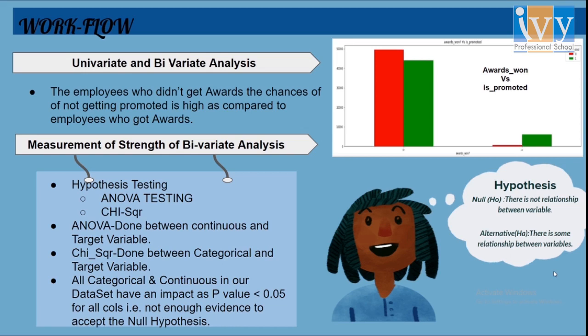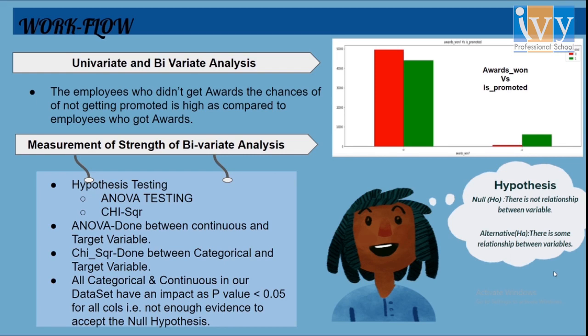All the categorical and continuous columns in our dataset have an impact, as the p-value, that is the probability value, is less than 0.05 for all the columns. So we can say there is enough evidence to reject the null hypothesis.